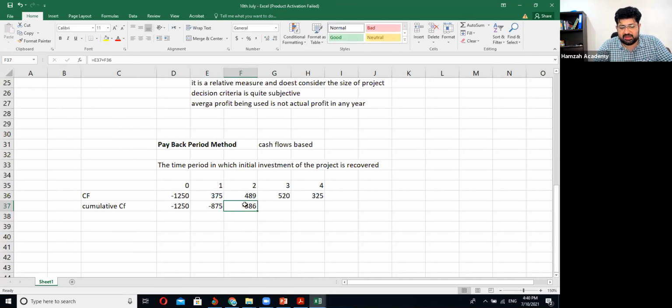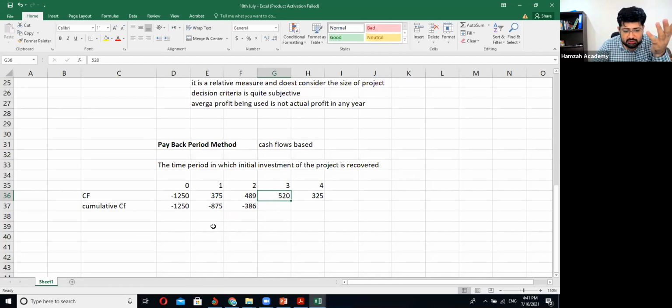Now in year 3, cash inflow is 520. How much do we need? 386. We need 386. How much are we getting? 520. It means a part of year 3 will be utilized to recover this.